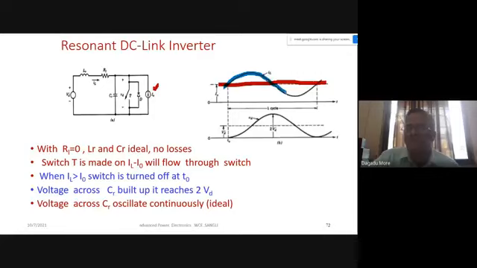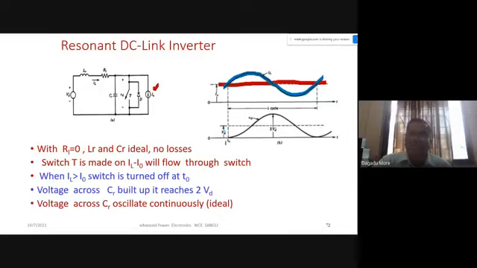This will be IL, and we have seen that the average of IL comes out to be the same as I0. But IL will sometimes have a higher value than I0, sometimes a lower value than I0.